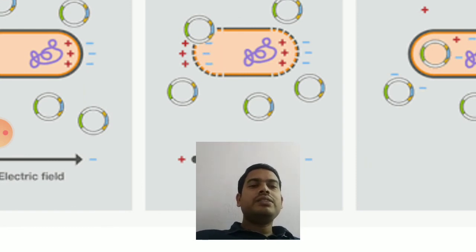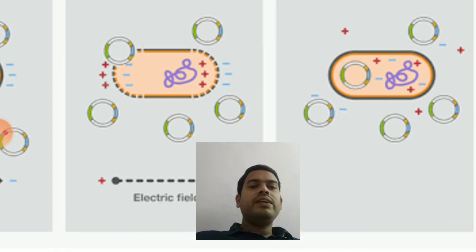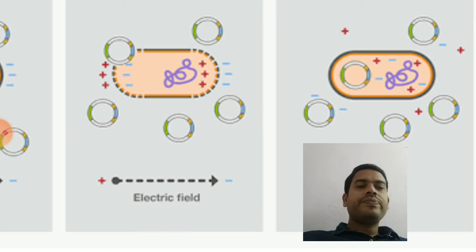Then your foreign DNA, or vector containing foreign DNA, will enter into the bacterial cell with the help of these pores. So you are using electric shocks to make pores in the biological plasma membrane, where your foreign DNA will be taken into the cell.